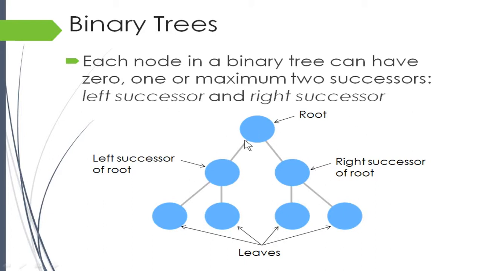In the binary tree given here, the first node you can call a parent node, or a root. From that you have a left successor and a right successor: the left is the set of nodes here, and the right is the set of nodes here.